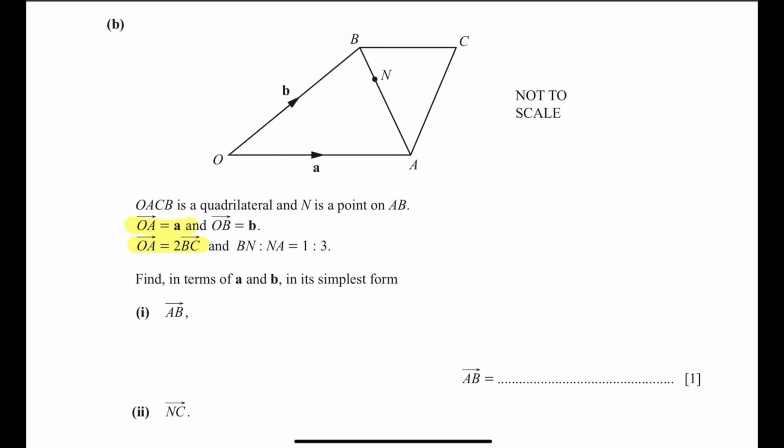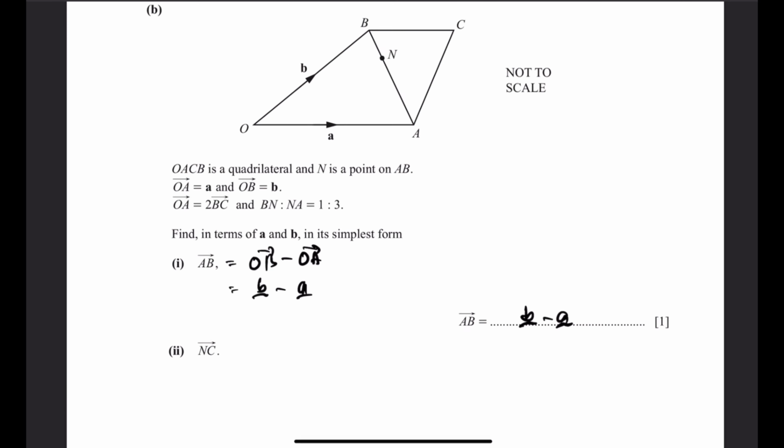OA equals to 2 times BC. OA equals to 2 times of BC. And then BN is to NA equals to 1 is to 3. AB is minus OA, that is b minus a. So we can write here b minus a.